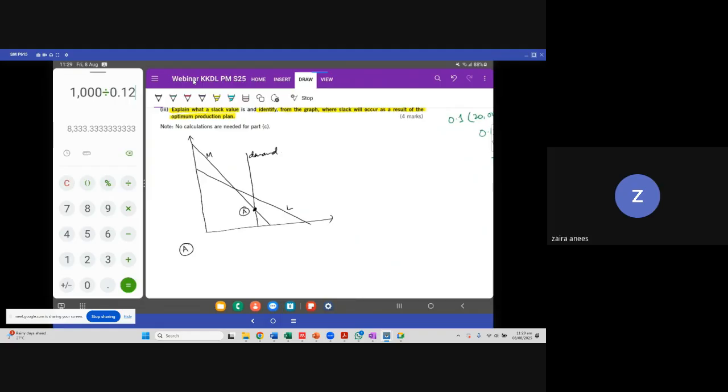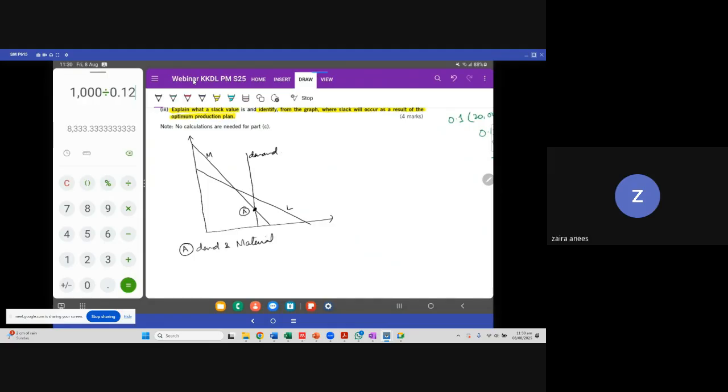Let me explain what slack is and what a binding constraint is. Slack means that you have extra quantity available, and binding constraint means the resource which we are talking about is 100% utilized. Now let me try to explain it by using this graph. Point A is made up of two lines, the demand line and the material line.